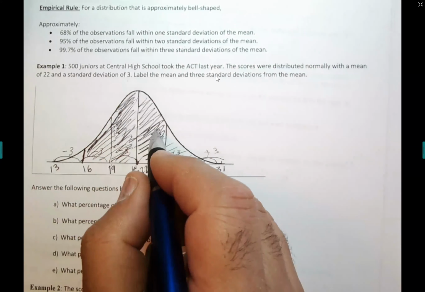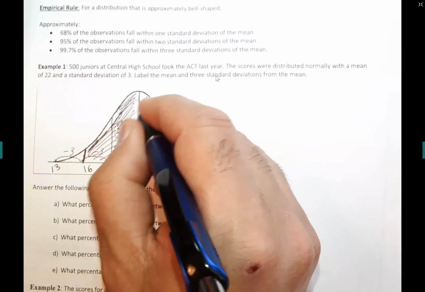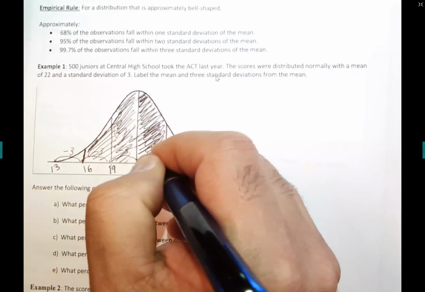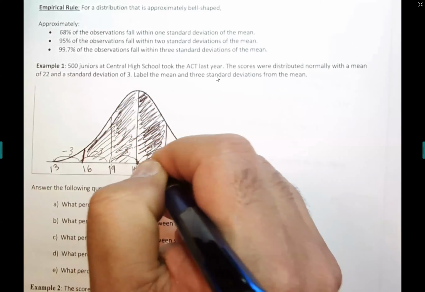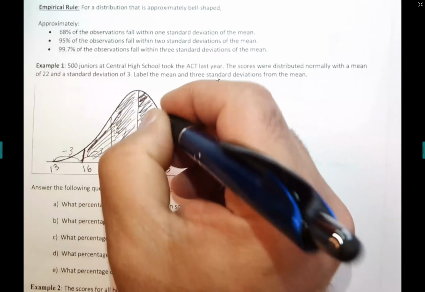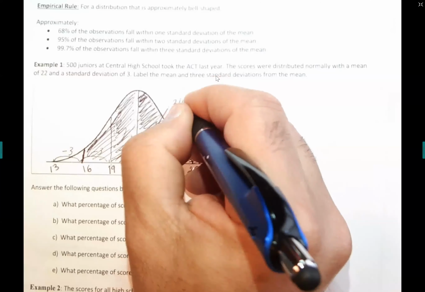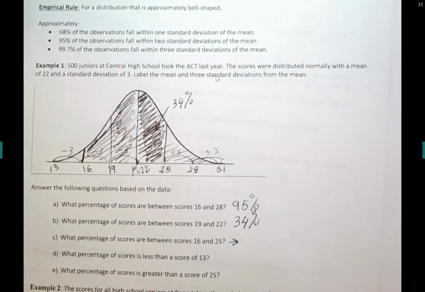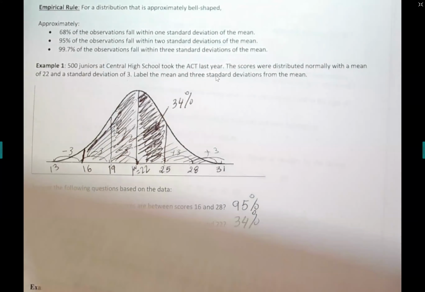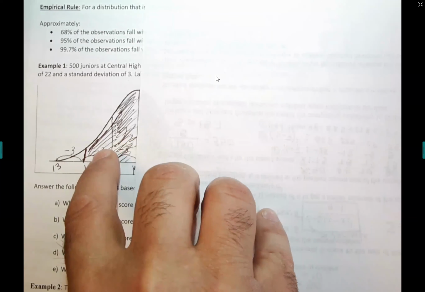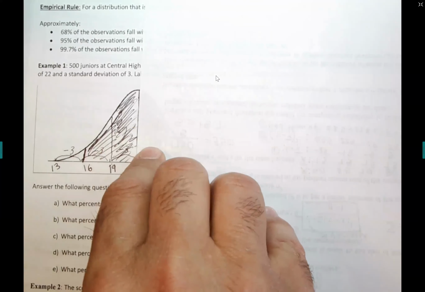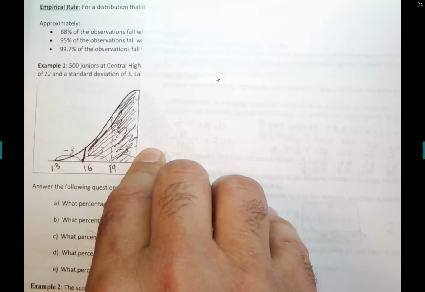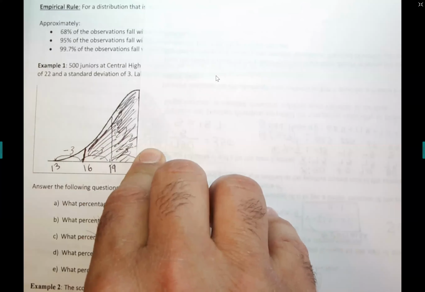Okay, I'm going to just do them in pieces. This one is 34%, because it's 1 standard deviation above the mean. Now, this part, do you agree with me that it's 2 standard deviations below the mean? 2 standard deviations below the mean should be half of the 95%, because 95% is 2 standard deviations below and above.